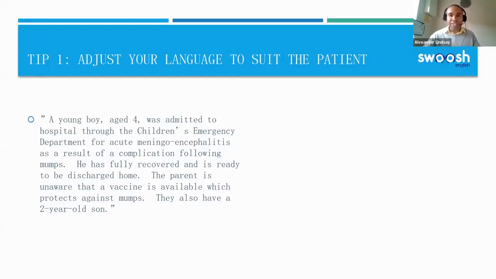So have a quick read. What can you see here that should be adjusted? What can you see that would very likely be inappropriate to use when addressing the caregiver in this case? So I'm just going to give you a few moments to read this, and then I will check to see if there are any suggestions in relation to inappropriate language.